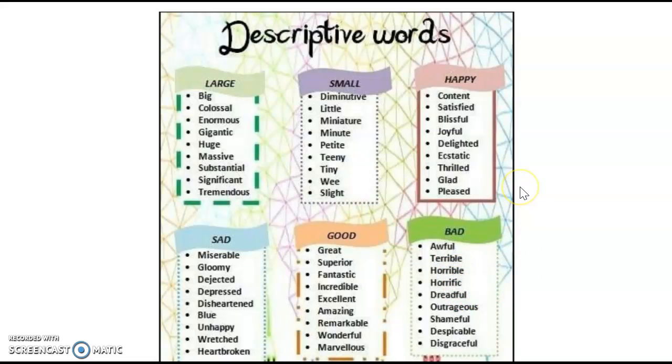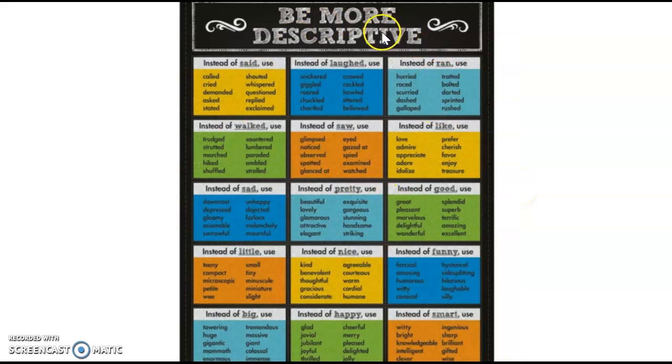Now, also back at our website, there's another chart that says Be More Descriptive, and it has even more of these words like said, laughed, ran, walked, saw, and the more descriptive words underneath.